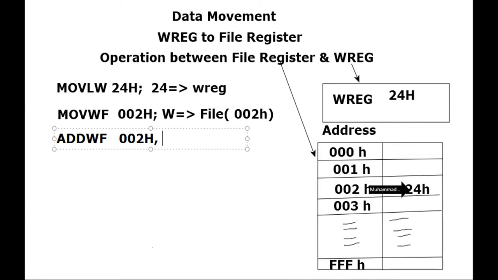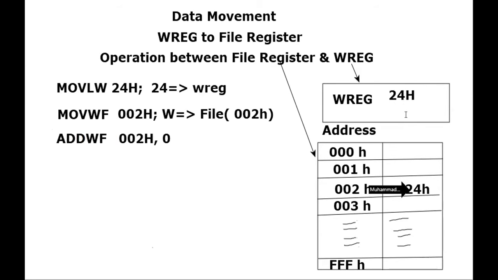So let's say I write 0, that means the destination will be the working register. What is going to happen is this 24 will be updated. So 24 and 24, the content of 002, will get added.